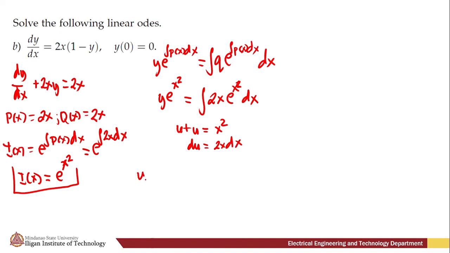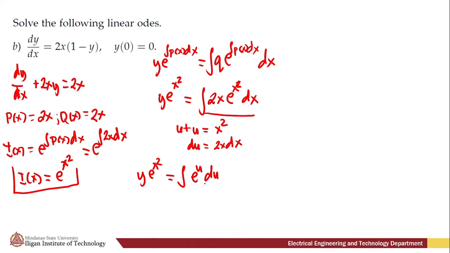We have the left hand side of our equation, y e raised to x squared. Then we substitute our value of u and du to the right hand side of our equation, and we'll have integral of e raised to u du.